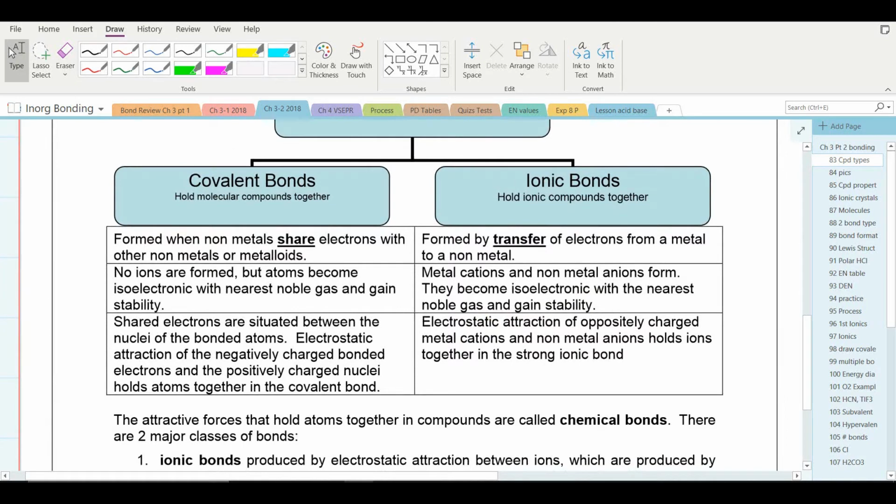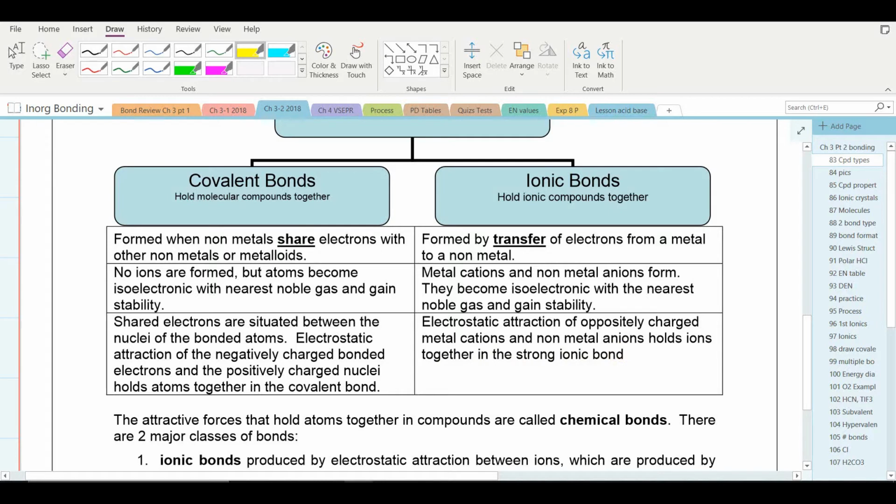In the case of covalent bonds, no ions are formed, but atoms become isoelectronic with the nearest noble gas, and they gain stability by virtue of sharing rather than taking and giving. For ionic bonds, electrostatic attraction of oppositely charged metal cations and nonmetal anions holds ionic compounds together in strong ionic bonds.